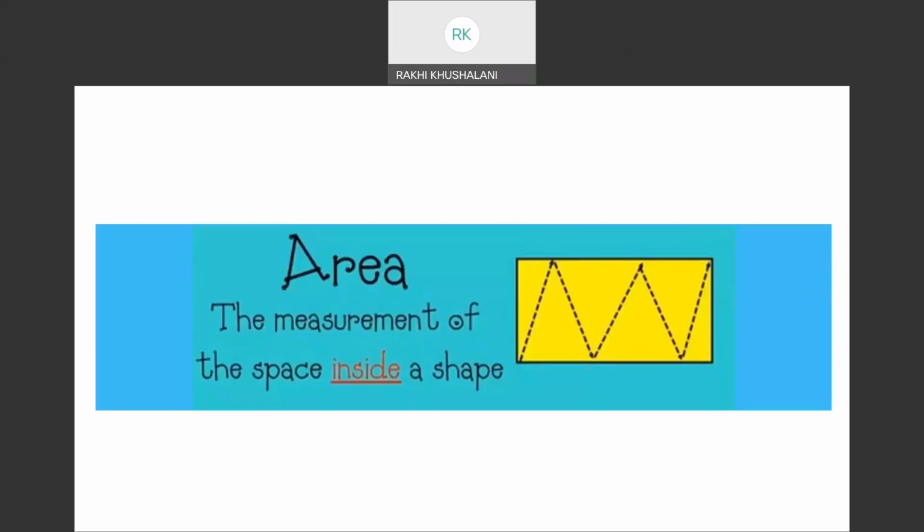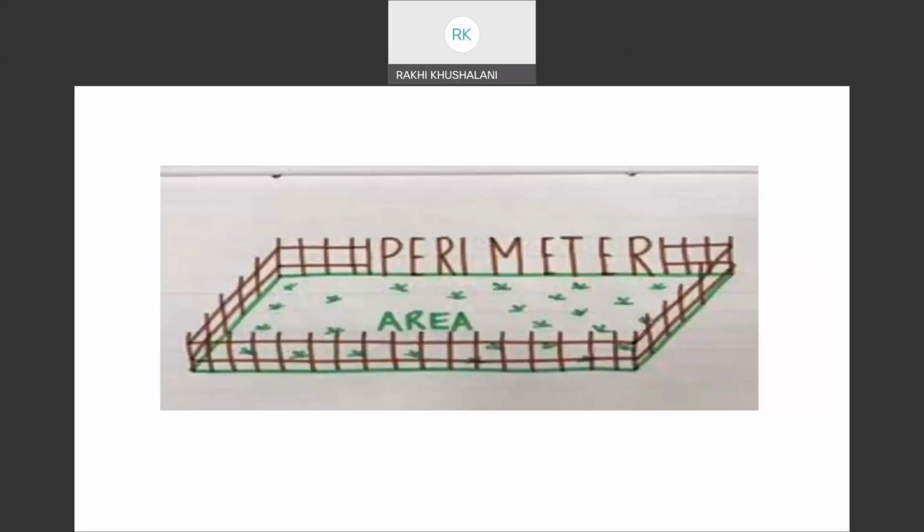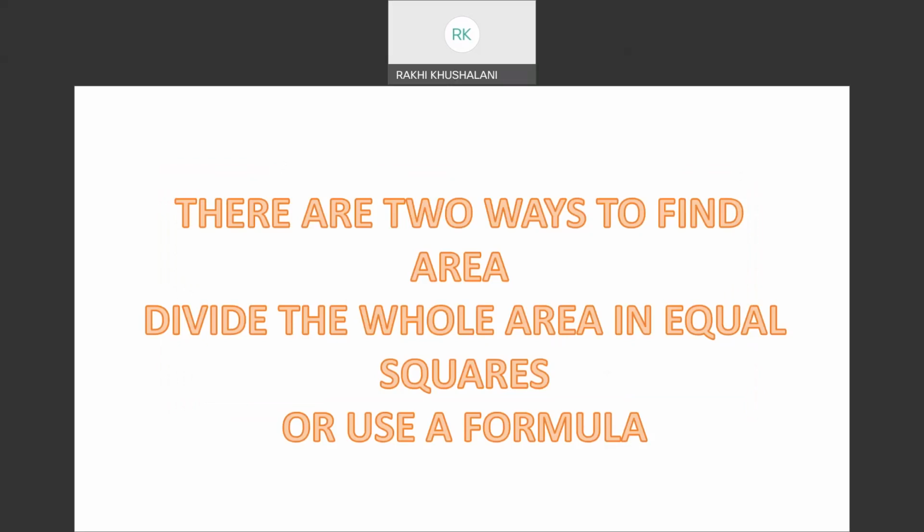We also saw that area is the measurement of the space inside a shape. Like a farm given here, where the farmer does the plantation, that is the area. And when the farmer does the fencing, he uses the perimeter. I also told you that there are two ways to find area.